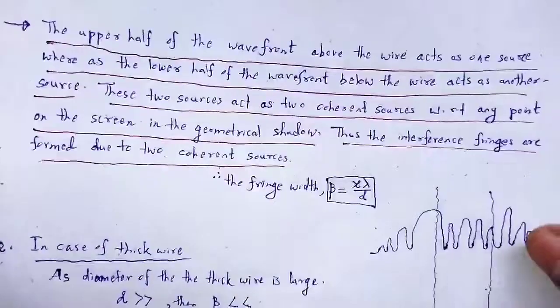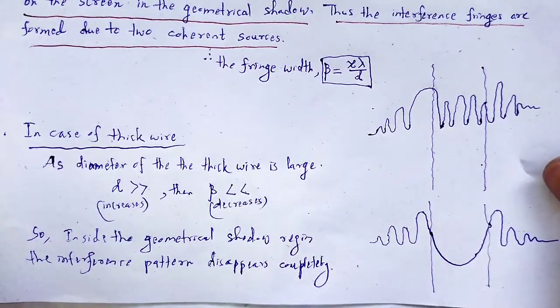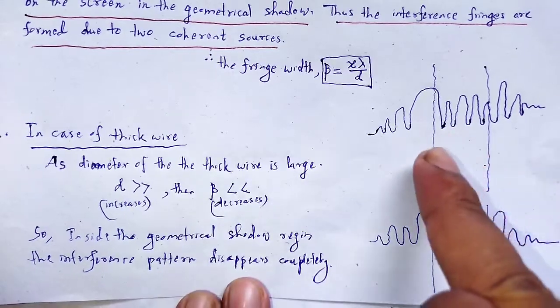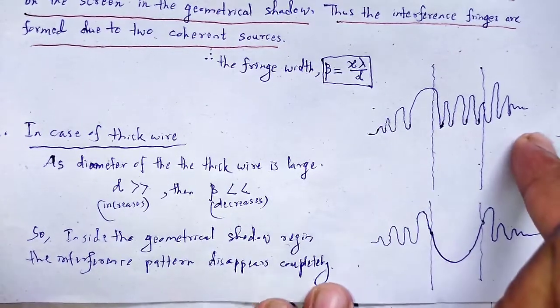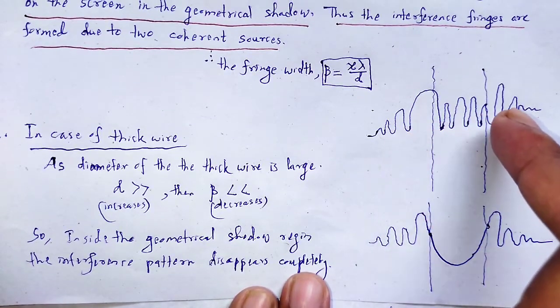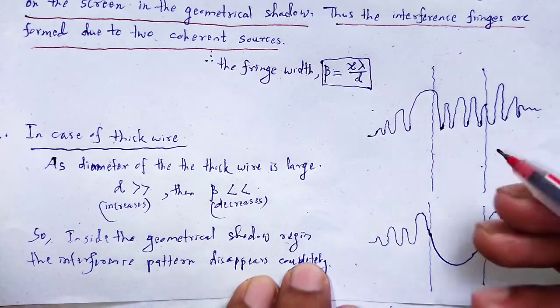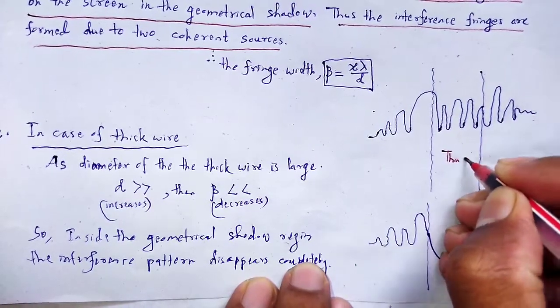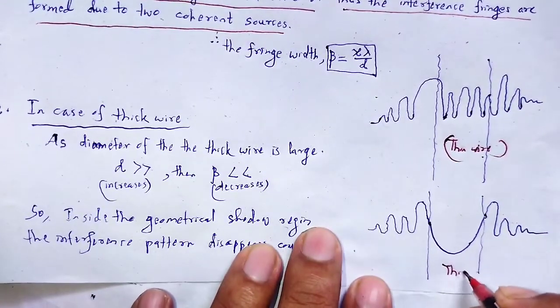And in case of a thick wire, the interference bands or interference pattern completely disappear. These are the graphical views of the intensity distribution of the wire, one for the thin wire and one for the thick wire.